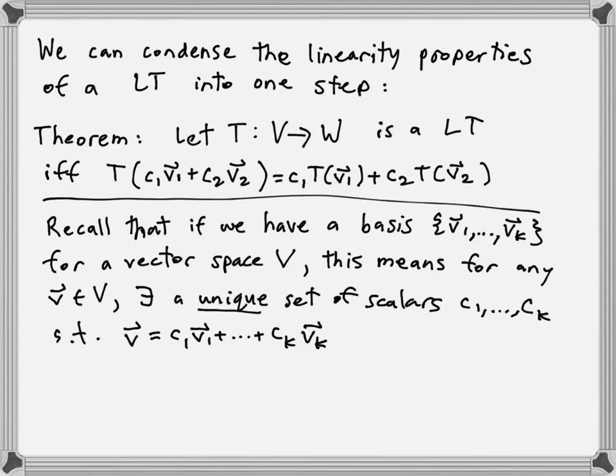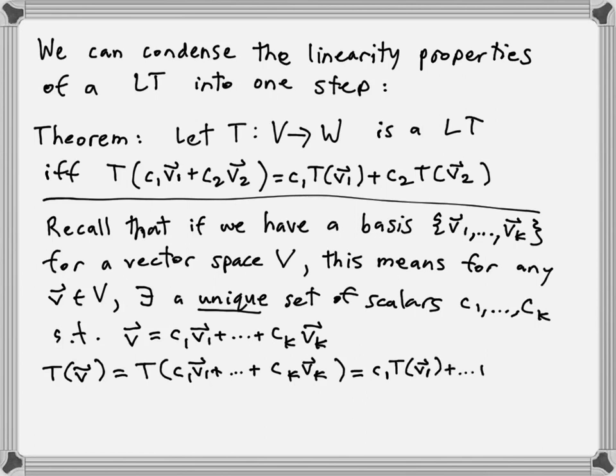So, I want you guys to notice something. If we were to apply T of V, this is the same as doing T of that linear combination that we just wrote. And by the linearity properties, this is equal to C1T of V1 plus, you could just keep this pattern going, CKT of VK.